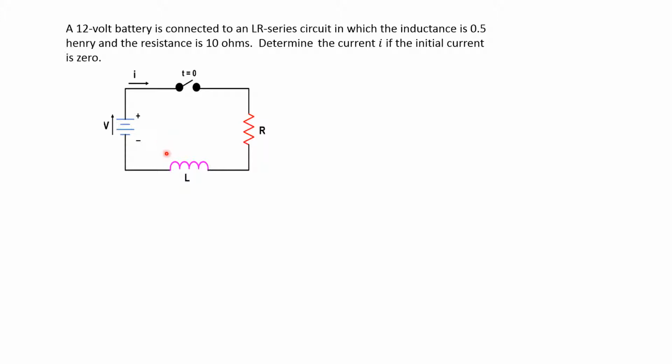Okay, it is beyond the scope of this course to derive the differential equation involved, but we will just accept that the differential equation involved is L di/dt plus Ri is equal to E. From the data, this V is equal to 12 volts, and this R is 10 ohms, and this L is 0.5 Henry, and when t is 0, our I is 0.